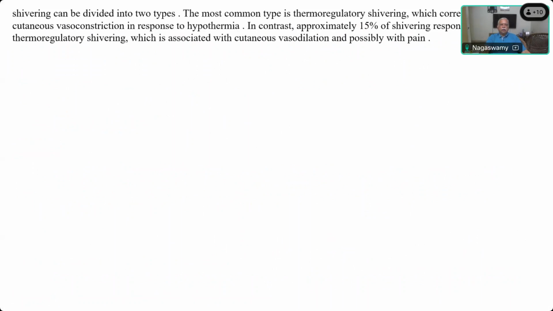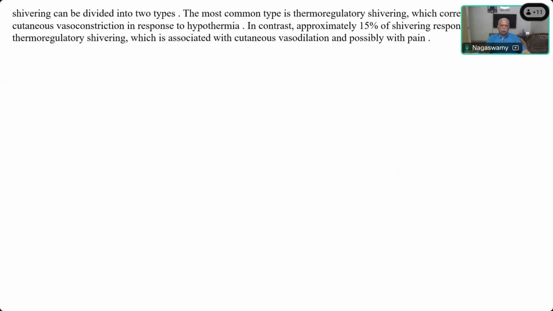Shivering can be divided into two types. Most common is thermoregulatory shivering, which correlates with cutaneous vasoconstriction in response to hypothermia. In contrast, 15% of shivering patients have non-thermoregulatory shivering. As I said earlier, they can be normothermic or hypothermic. The first category, thermoregulatory shivering, is in the hypothermic patients.